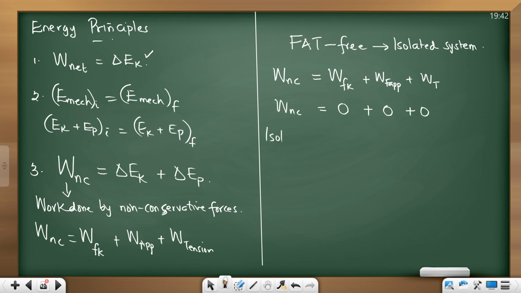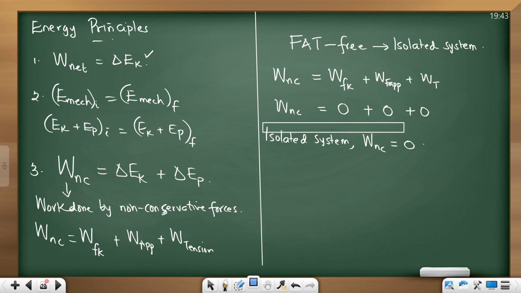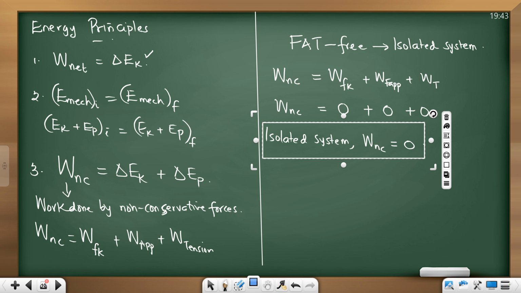So this one I need you to underline and highlight. The work done by non-conservative is 0. Once I see that the system is isolated, the work done is zero because these forces are not there.